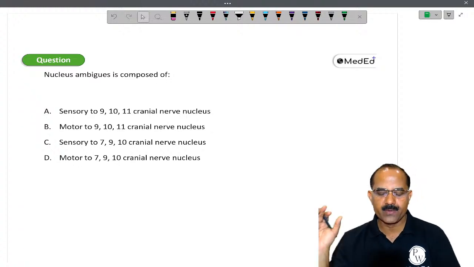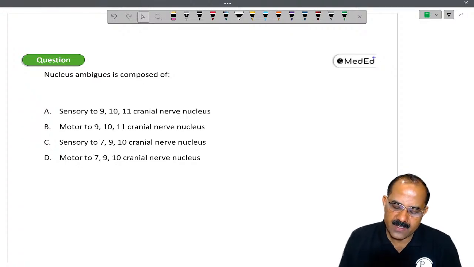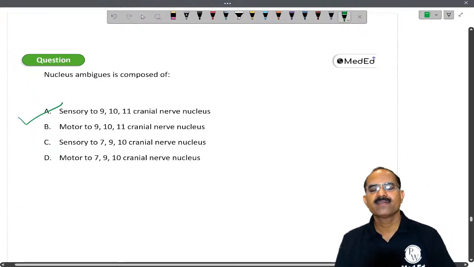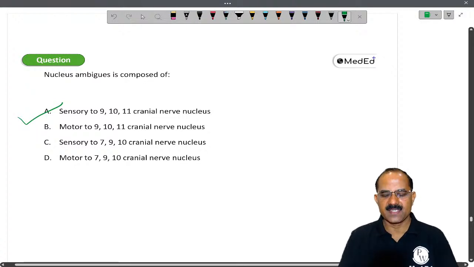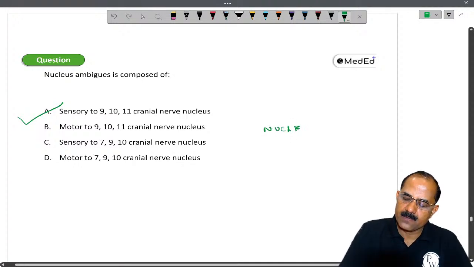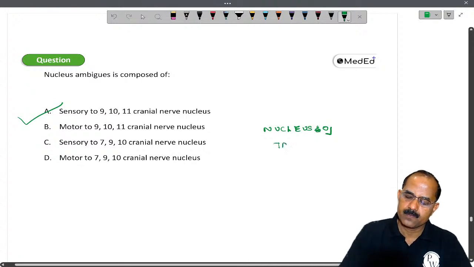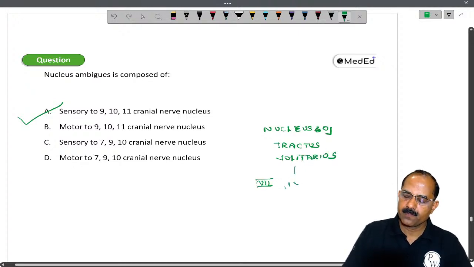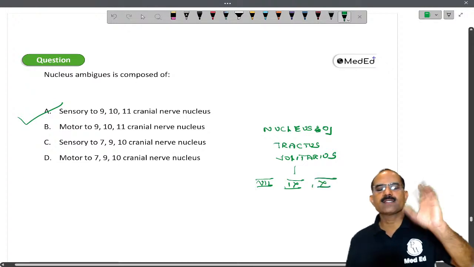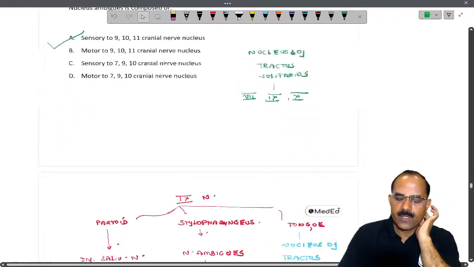Nucleus ambiguus is a common nucleus for the 9th, 10th and cranial accessory nerves. And the nucleus of tractus solitarius is a common nucleus for the 7th, 9th and 10th cranial nerves. ठीक है? Clear to all of you?